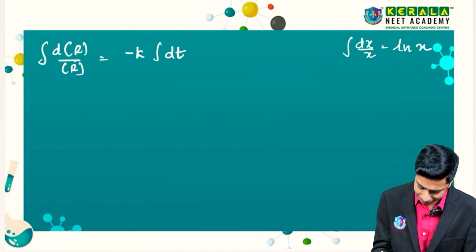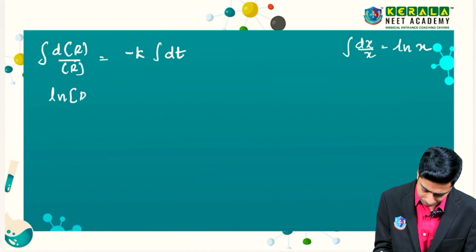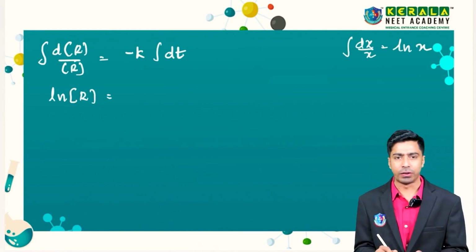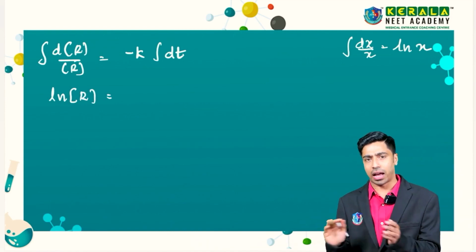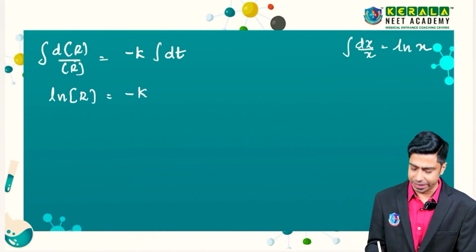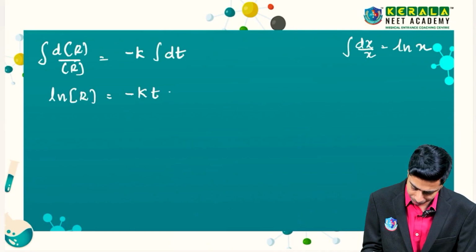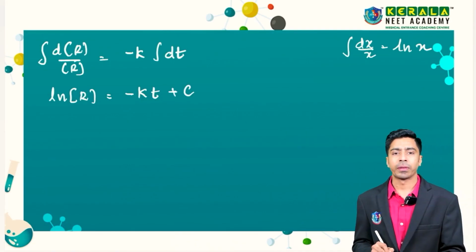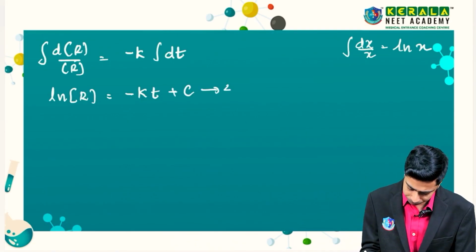So this can be written as natural logarithm of [R]. A constant will be there, we'll write it at the last. That is equal to minus k into integral dt, which is t. So ln[R] is equal to minus kt plus c. Let this be equation 4.